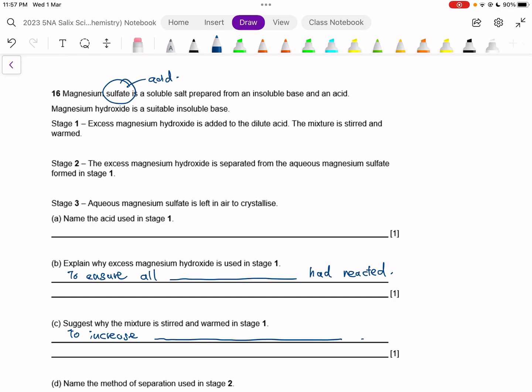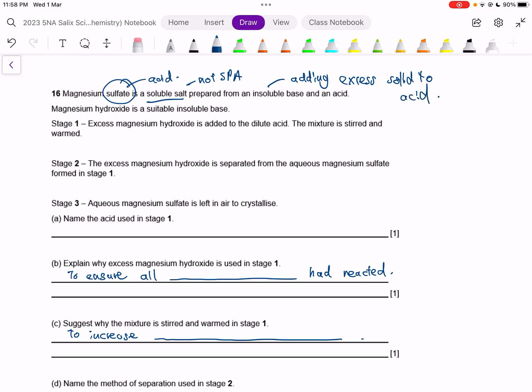Okay, so magnesium sulfate is a soluble salt prepared from an insoluble base and an acid. So magnesium hydroxide is a suitable one. It's soluble and not SPA, so you use adding excess of solid to acid.